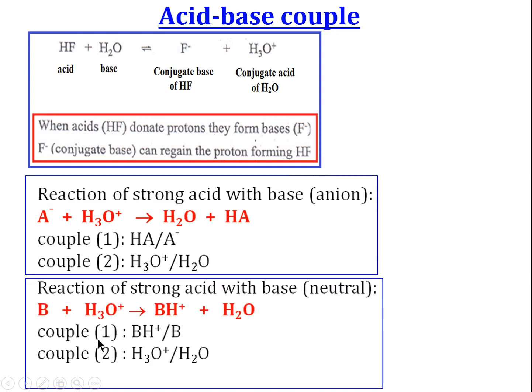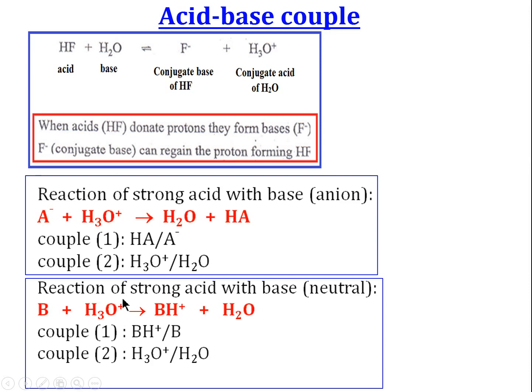The third example is the reaction of a strong acid with a base, and the base is neutral. For example, B. The neutral base B will accept H+ from H2O. It becomes BH+. So this is a base, and this is the conjugate acid.